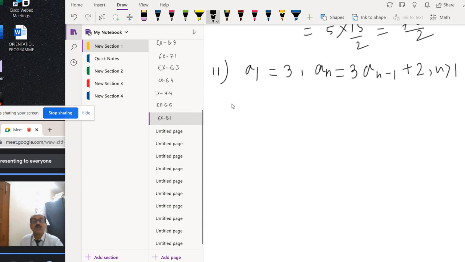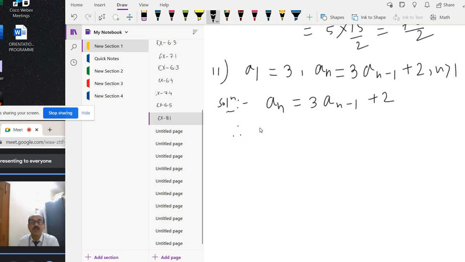So An equals 3 into An minus 1 plus 2. First, n equals 1, that is the first term given, a1 equals 3. For the second term, put n equals 2.